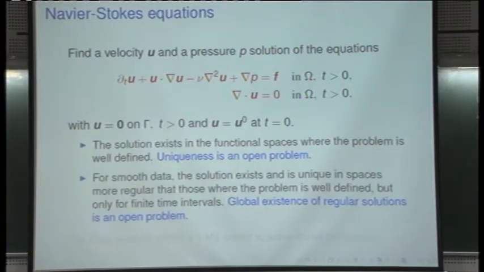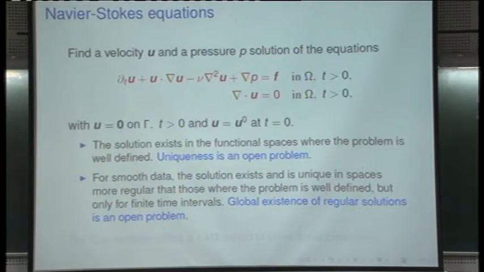For smooth data, it means that if F and the initial condition are smooth, the solution exists and is unique in spaces more regular than those where the problem is well defined, but only for finite time intervals, only for short times. That's the problem. Global existence of regular solutions is also an open problem.